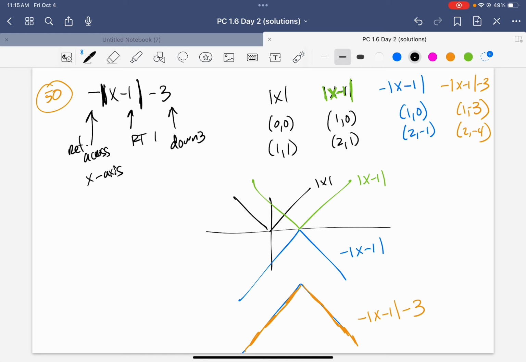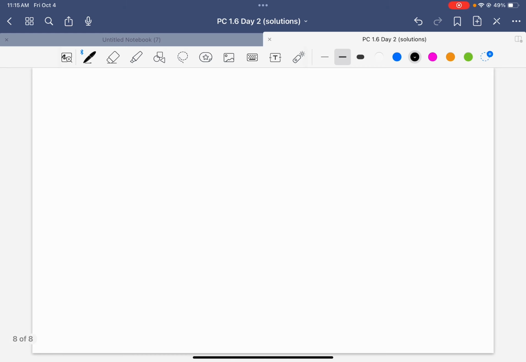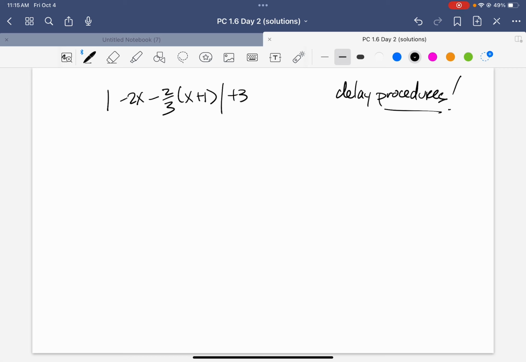Okay, let's move on to 57. This is a great example of delaying procedures. Don't jump right into a procedure without actually thinking about what you're working with. So notice what it says. You take the absolute value of stuff, which is going to be positive, plus 3 is greater than negative 1.